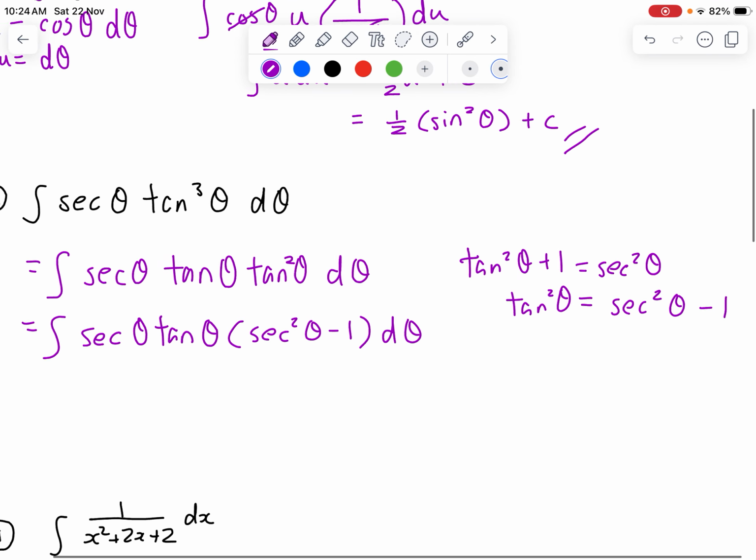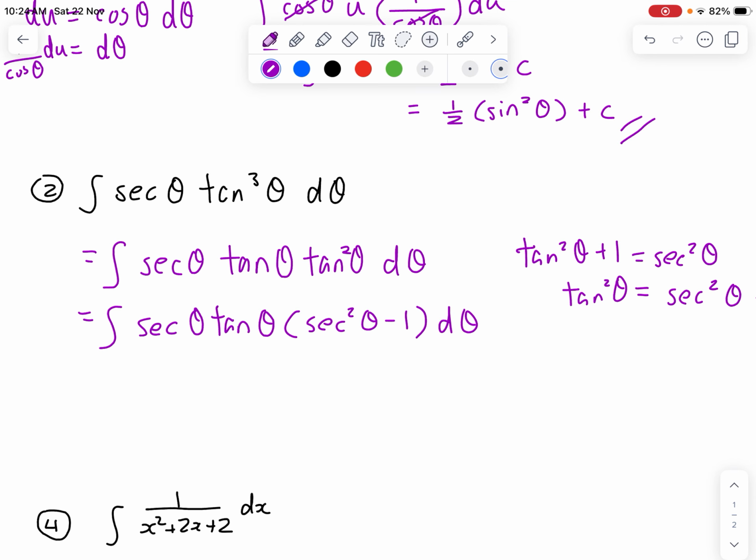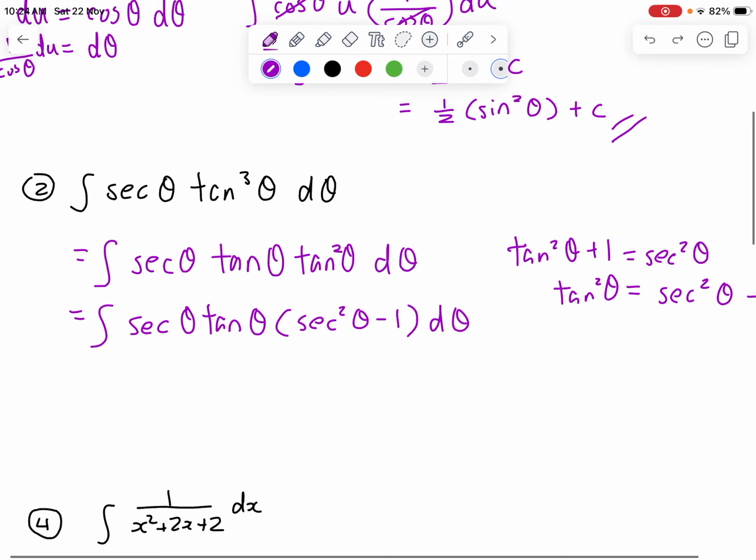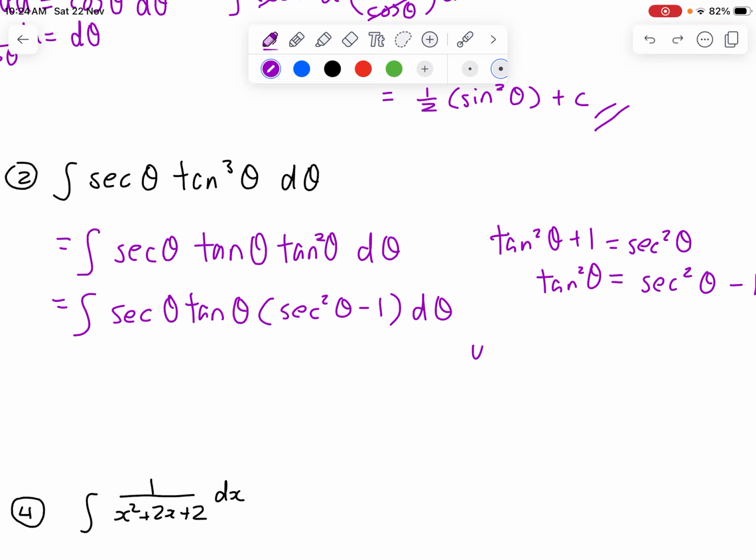Now when you look at this, it's like, oh my gosh, from here to here we made it complicated. But no, if you think about it, now we can use u substitution. What u substitution do we use? I want to make u secant theta.